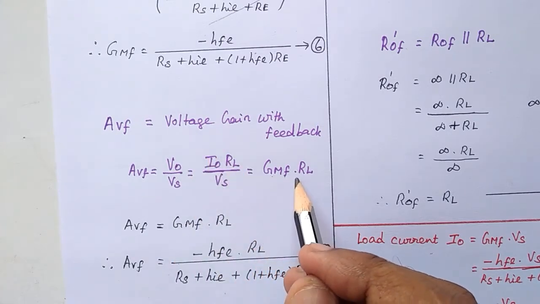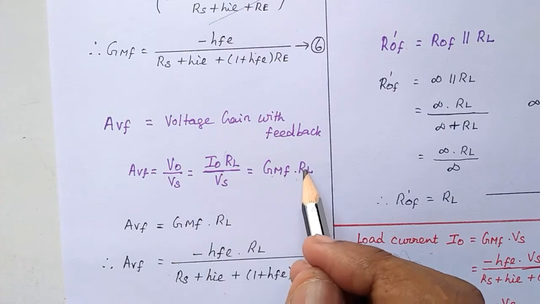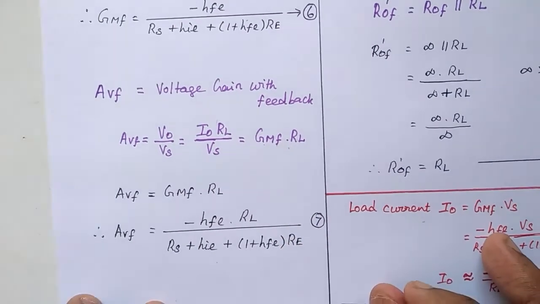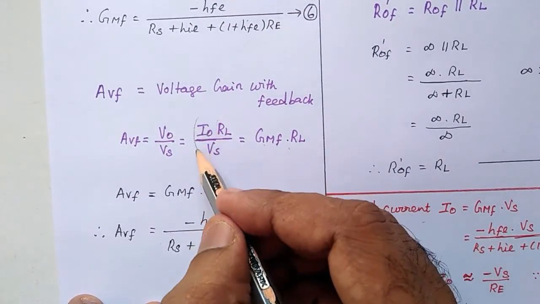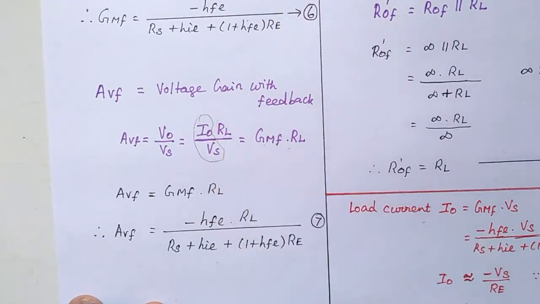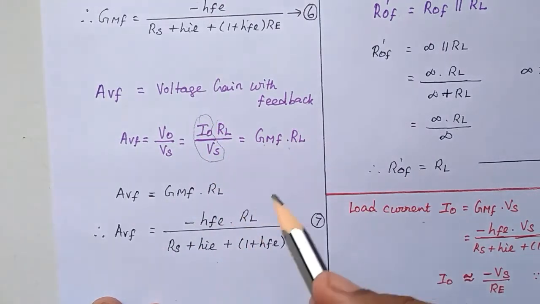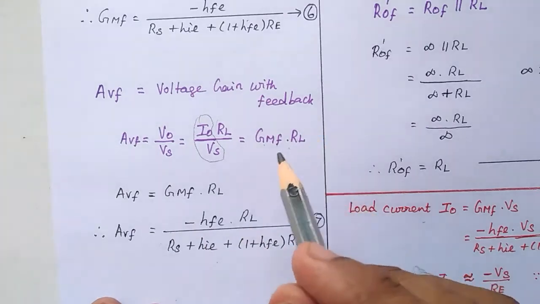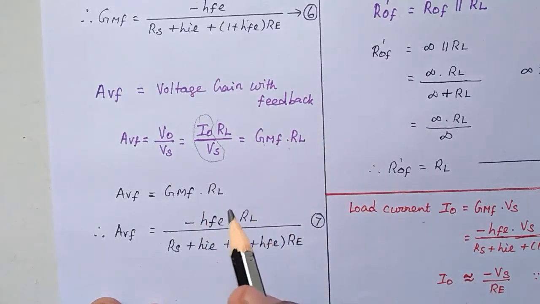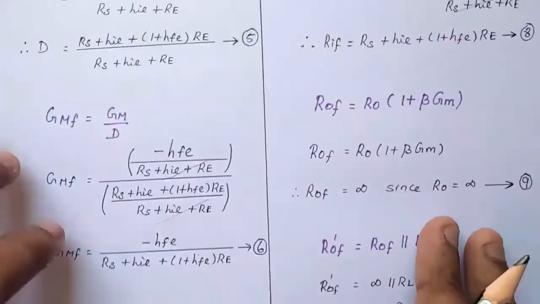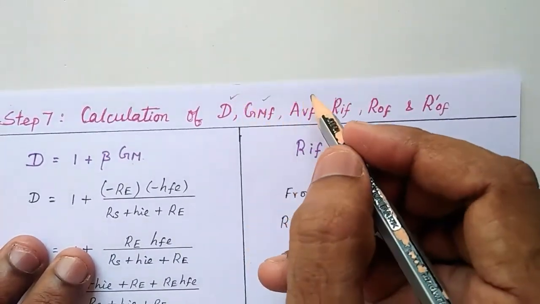Okay, GMF into the remaining term RL I have to write here. So I0 by Vs is nothing but the transconductance of the feedback amplifier. This is replaced with GMF. GMF expression already we have, multiplied by RL. Finally we get the equation 7, right? So now AVF also we have completed.